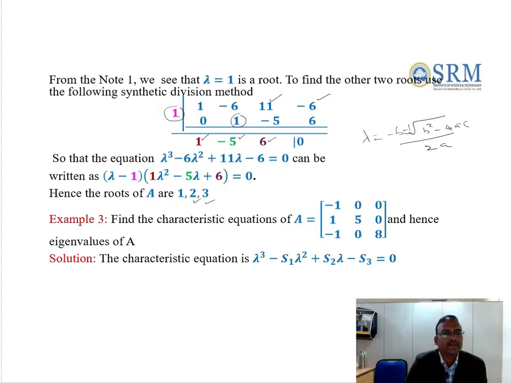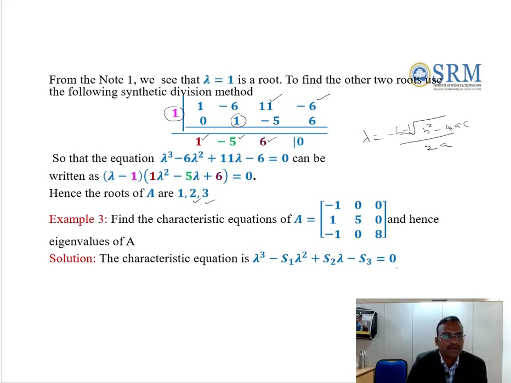Find the characteristic equation of the matrix A equal to minus 1, 0, 0, and then 1, 5, 0, minus 1, 0, 8, and hence find the eigenvalues of this. Now the general form of the characteristic polynomial is lambda cube minus s1 lambda square plus s2 lambda minus s3 equal to 0. What is s1?